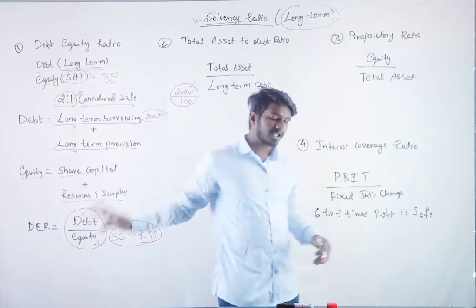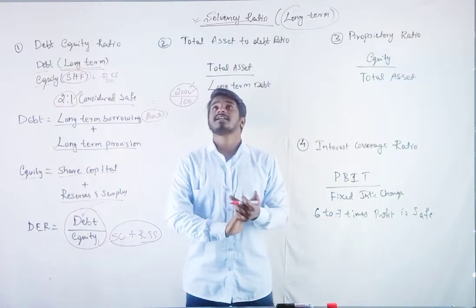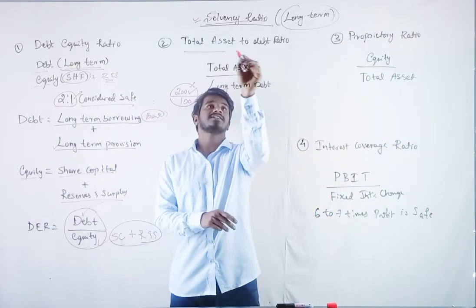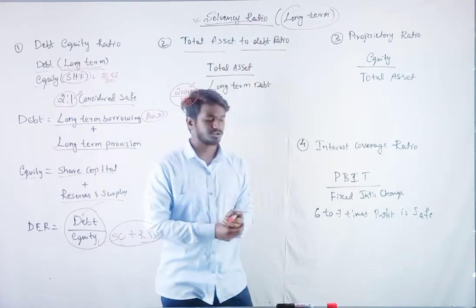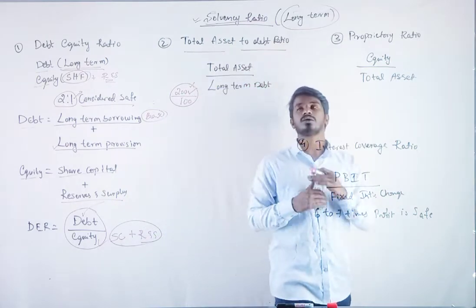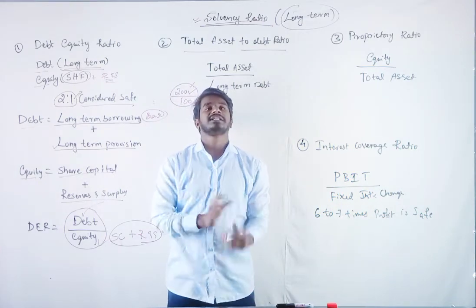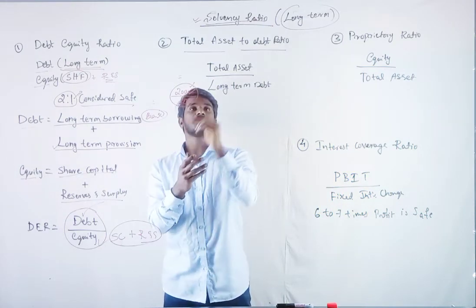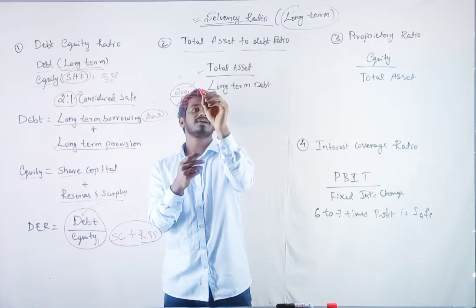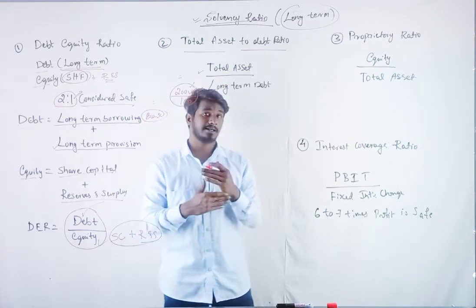Then the second one is total asset to debt ratio. What does it mean? The formula is total asset divided by long term debt.